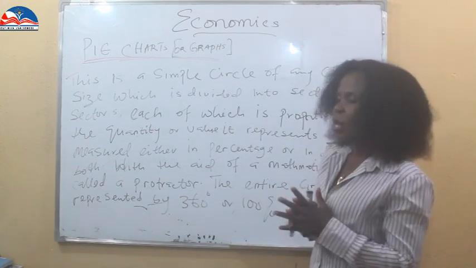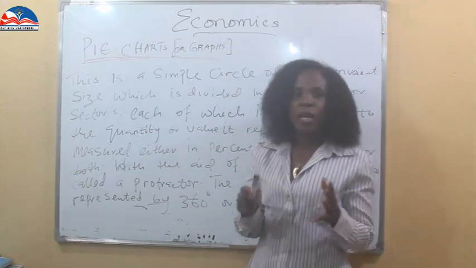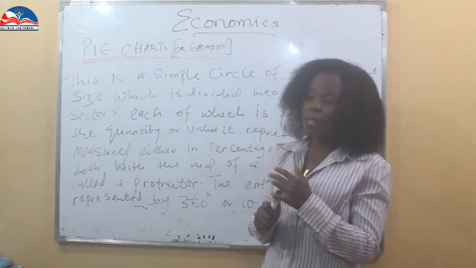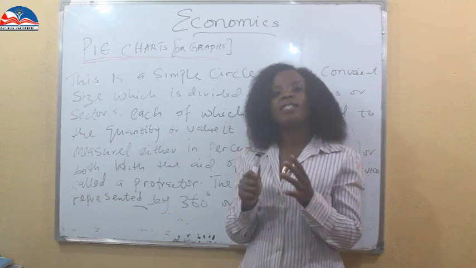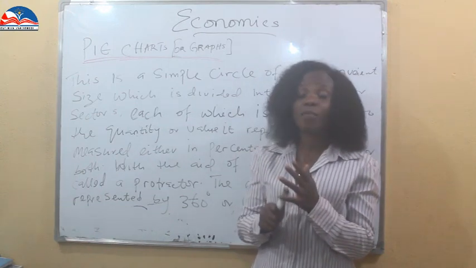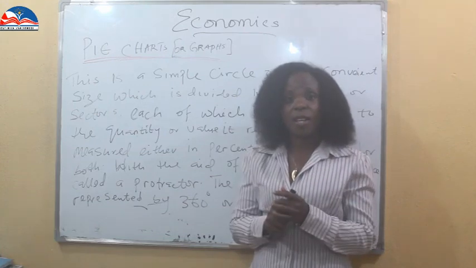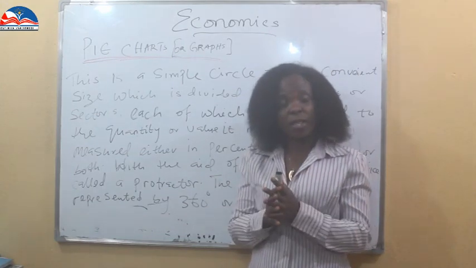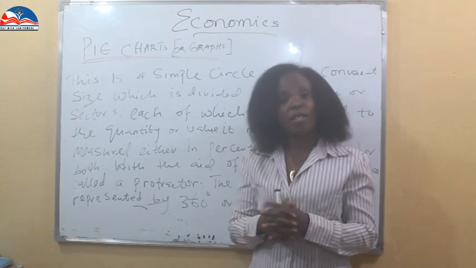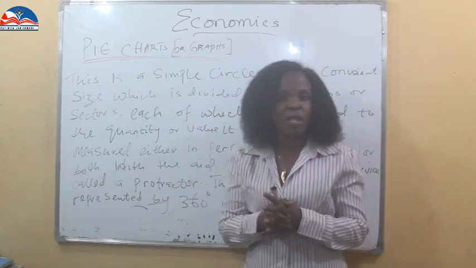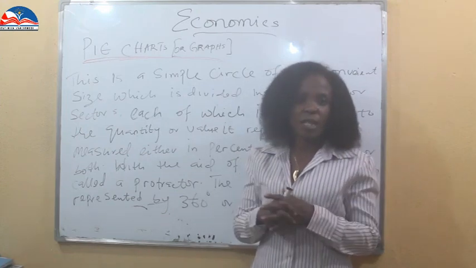We're going to take an example of how we calculate pie charts in degrees and in percentage. The percentage is 100%, the degree is 360 degrees. We're going to see how we can do this mathematically and how we're going to represent it.